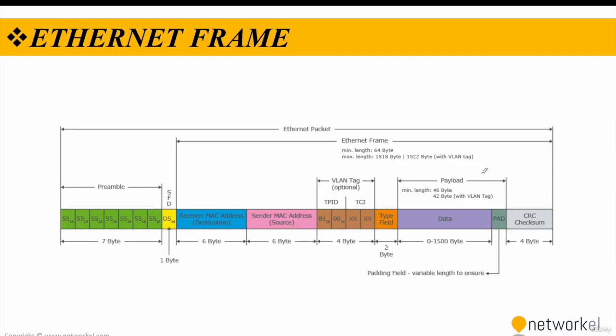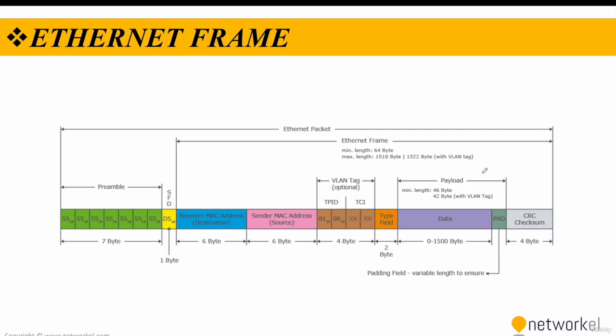So let's continue with the Ethernet frame. As you are seeing on the screen, the Ethernet frame has multiple fields. The first field you are seeing on the left is the preamble, which is 7 bytes and communicates to the receiving devices whether a frame is coming and provides synchronization.